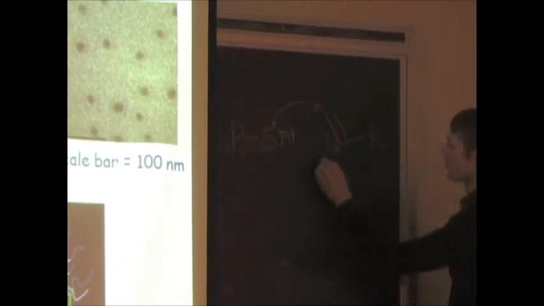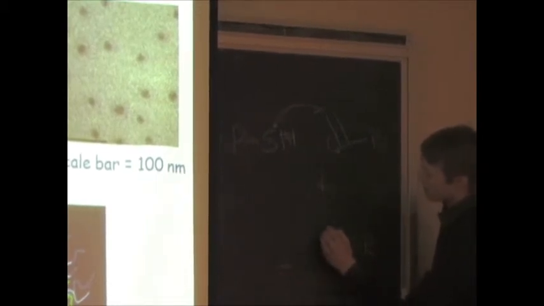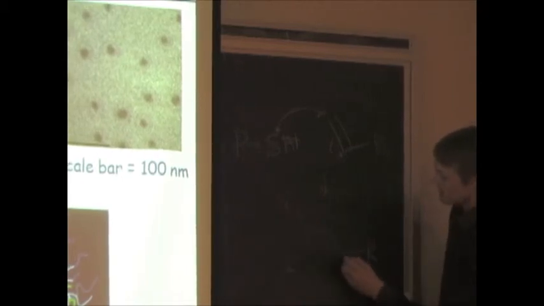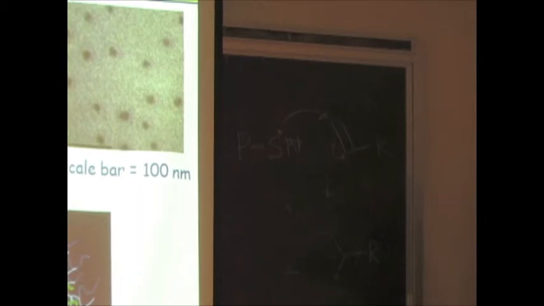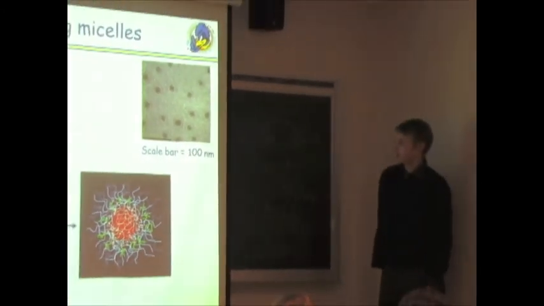And so what we'll end up with is our micelle with our peptide sequence on the end, and H will add here. And so with these all around the surface of our micelle, we should be able to functionalize them.